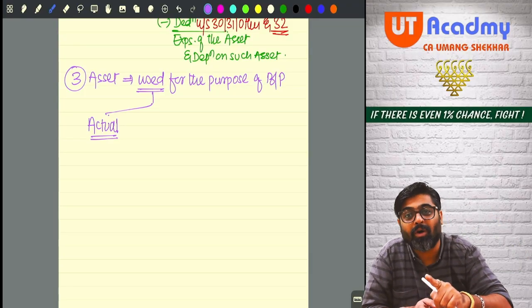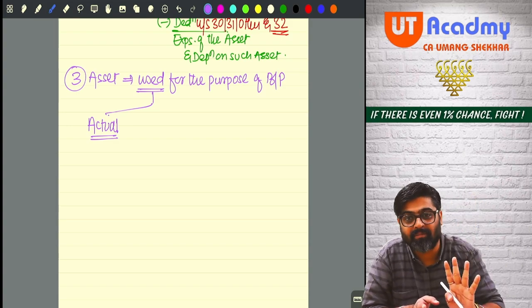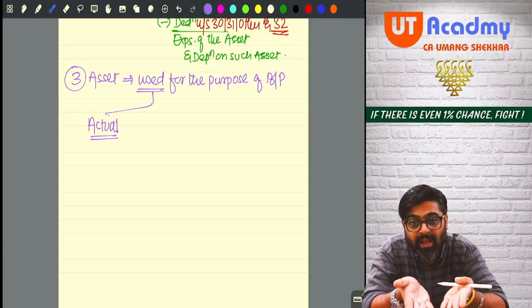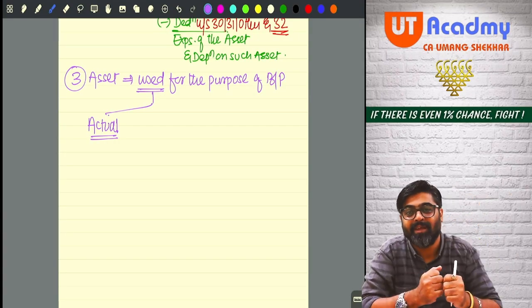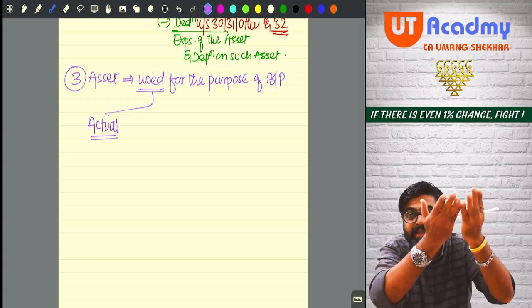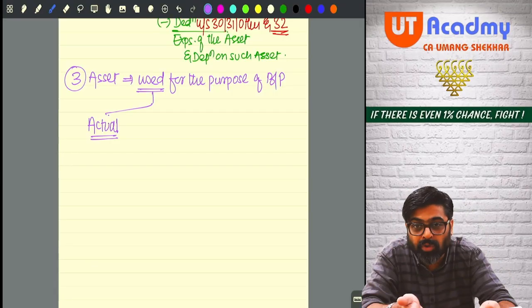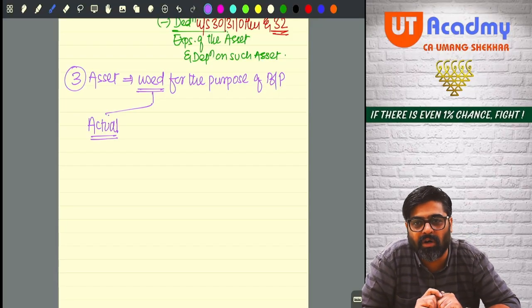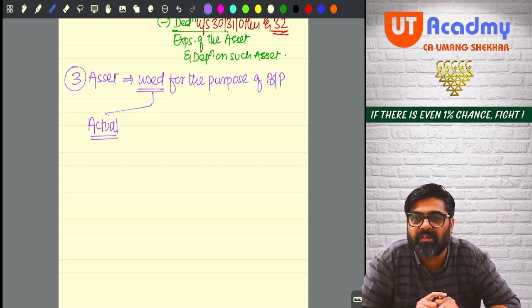To claim the cost from the business income in the form of depreciation, this asset should help you to earn that income. It will be helping you to earn that income only if it is put to use, only if it is used actually in that business. Yes or no? Hence, the use of that asset in the business is very important. Logics.